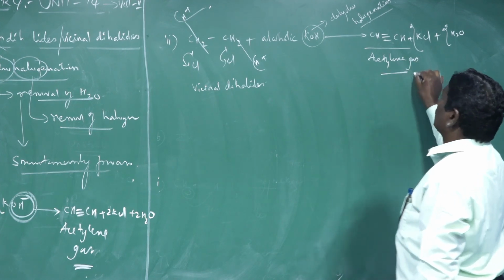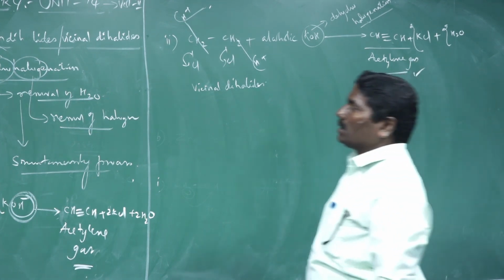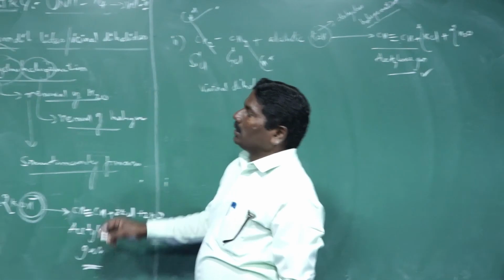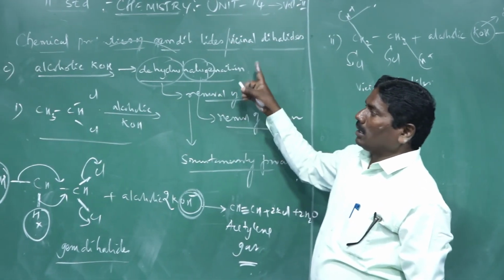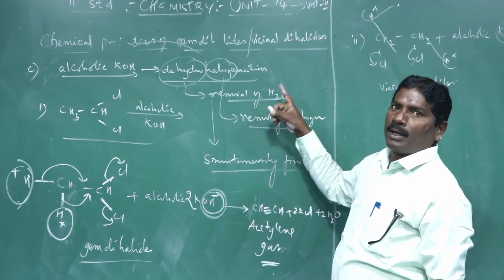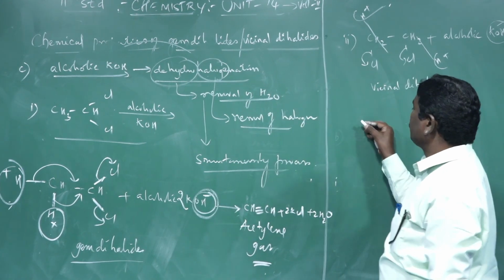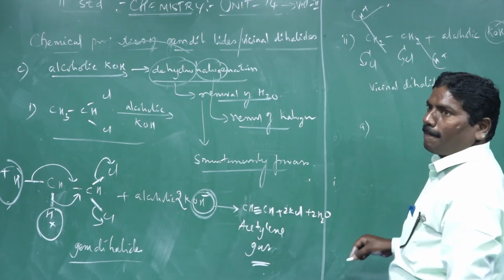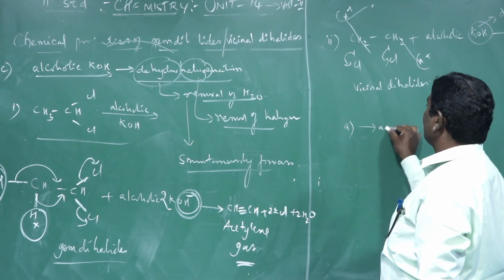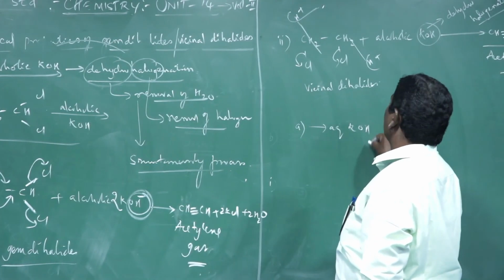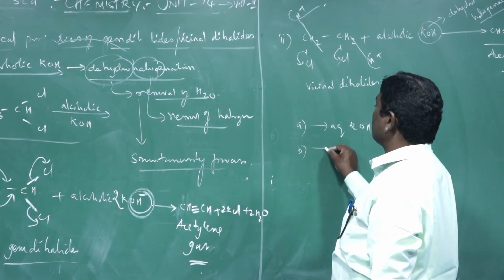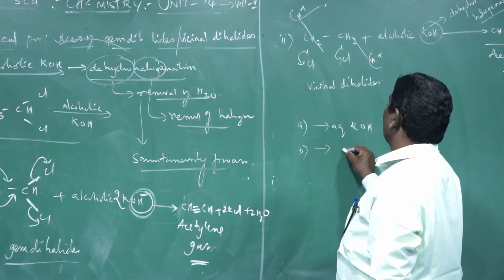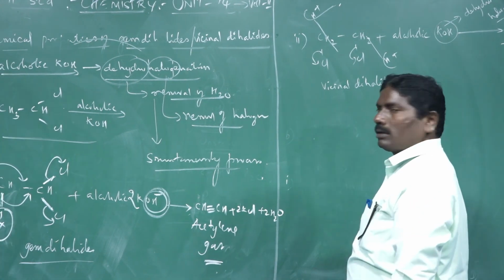There are the chemical properties we have seen, three of them. The first chemical property, which I have represented as A, is aqueous KOH. The second chemical property is treatment with halogens, that is Cl2.